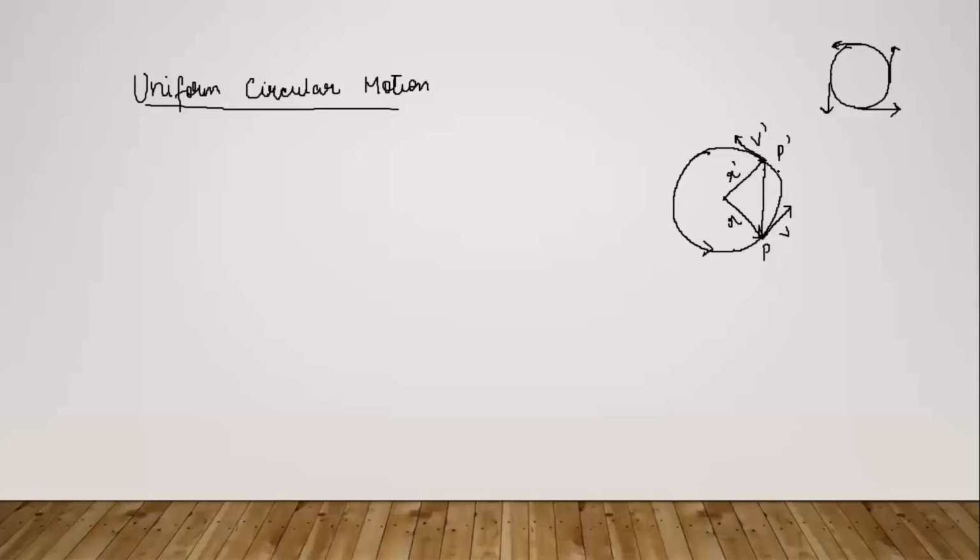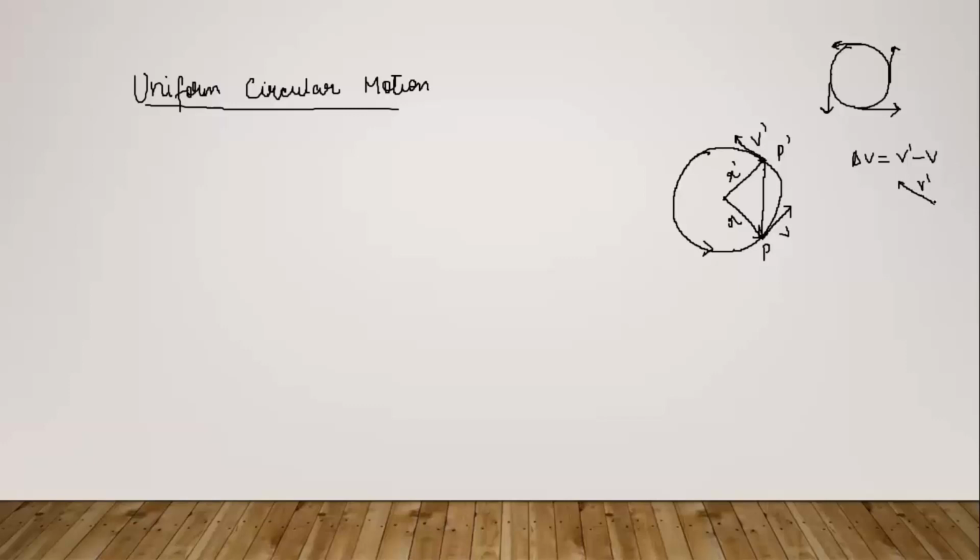Now we can use the triangle law of addition that we discussed previously in drawing the delta v, that is the change in the velocity vector. As we see, delta v would be v dash minus v. So v dash is this, plus minus v.